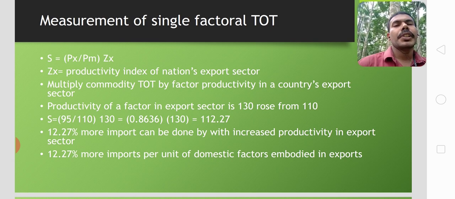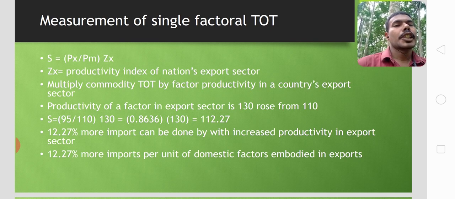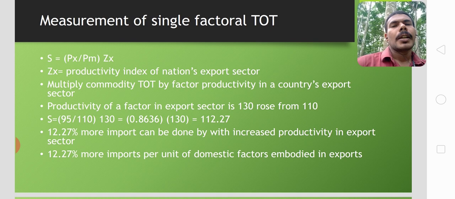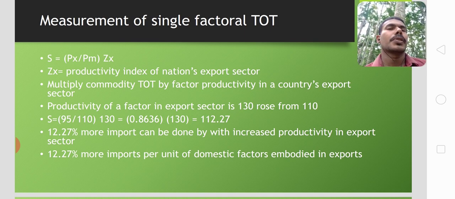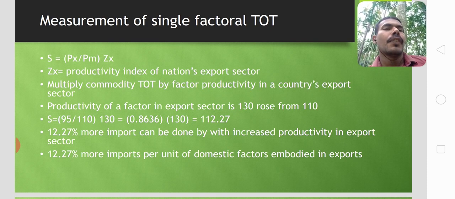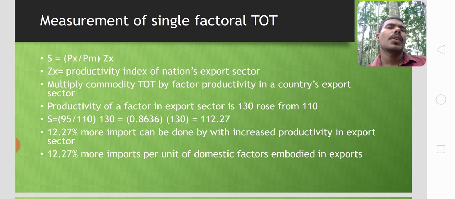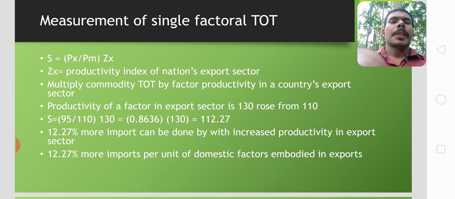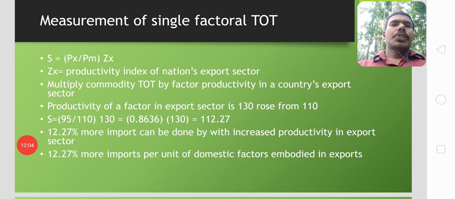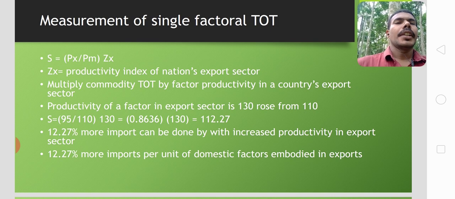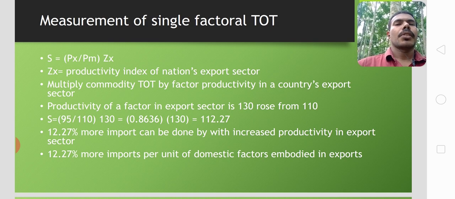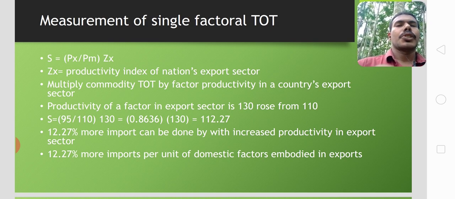Zx refers to the productivity index of factors employed in export. The productivity index, if available, having been measured by somebody else, can be used to measure single factorial terms of trade. Factors include labor and capital mainly. So we need to multiply the productivity index of factors employed in the export sector with the commodity terms of trade.